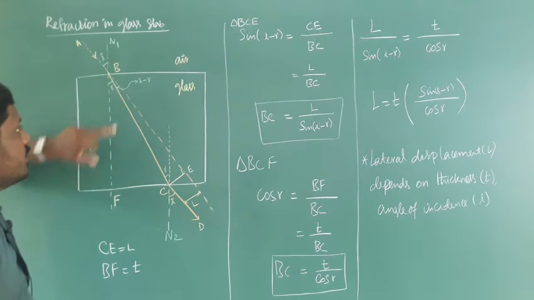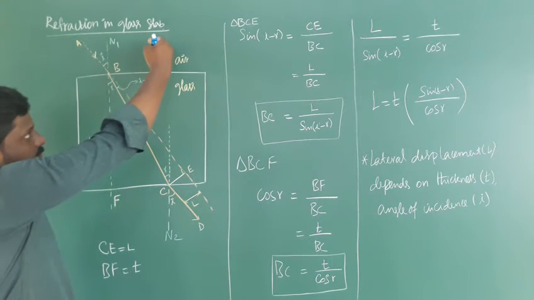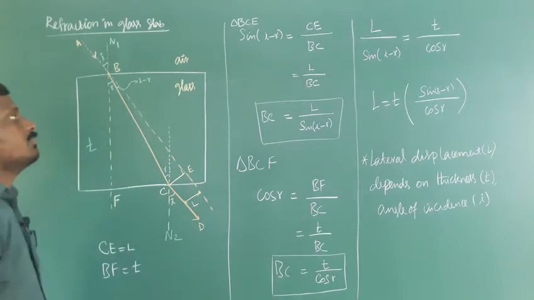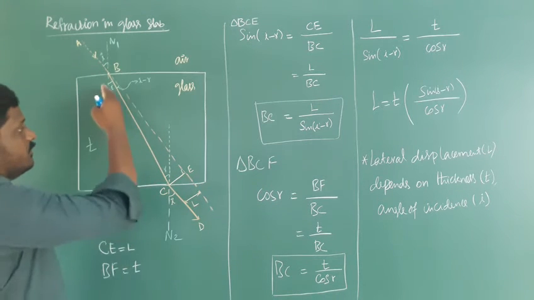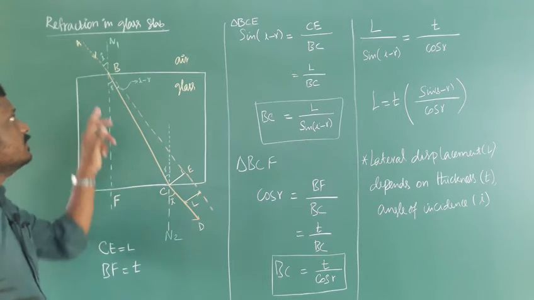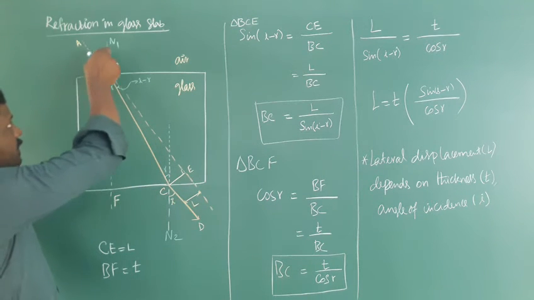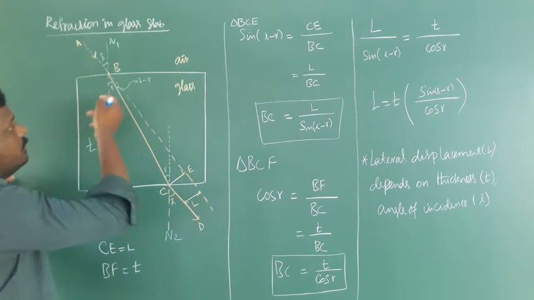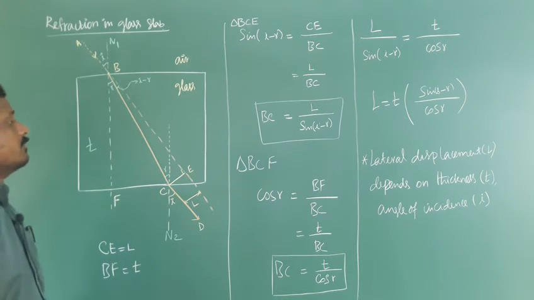It is refracted from the original path because it travels from rarer to denser, so the refracted ray moves towards the normal. This is the normal path if there is no medium, and this is the angle of refraction. This angle is I, this angle is also I, and it is refracted, so this angle is I minus R.